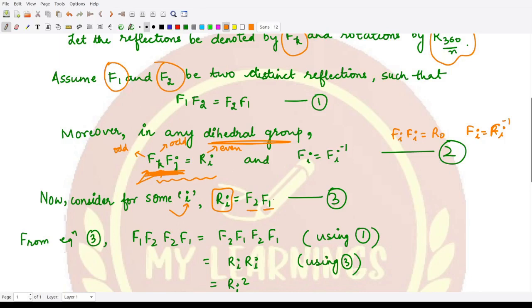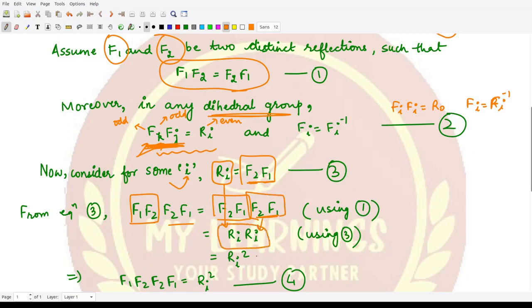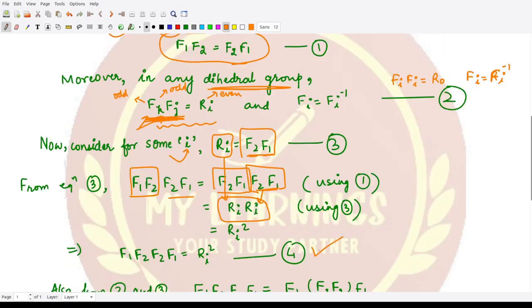Now, using this equation, we can write this quantity F1 F2 F2 F1 as, using equation 1 because this thing is given to us, F1 F2 is F2 F1, and this is the same. Now using 3, we have the value of F2 F1 as Ri, so keeping it here, it would become Ri square. Let's mark this as equation 4.